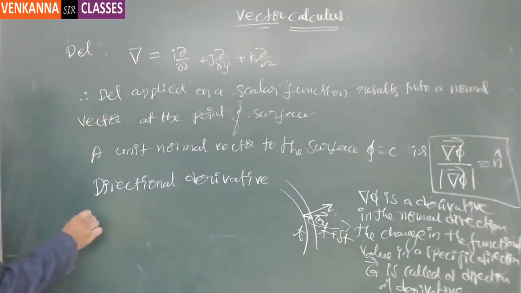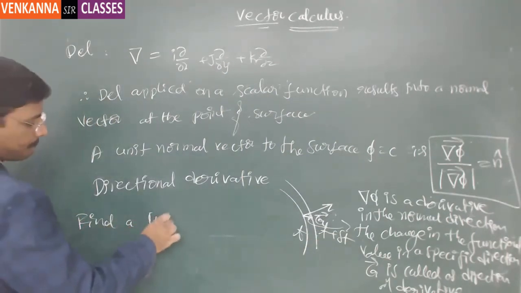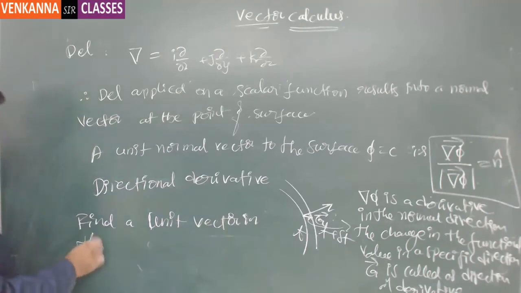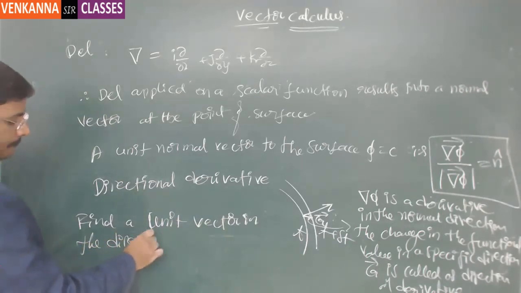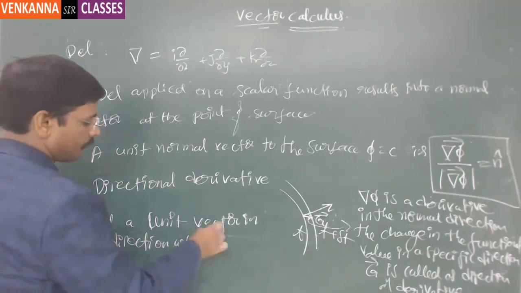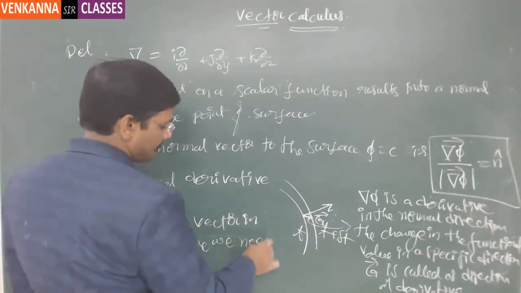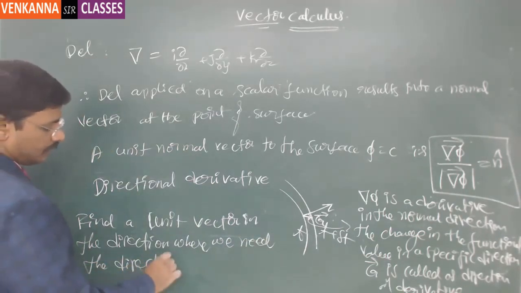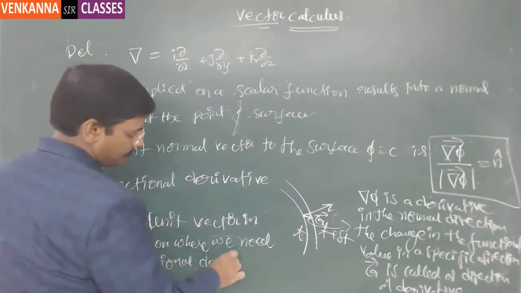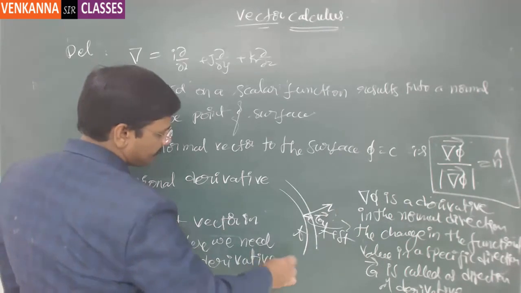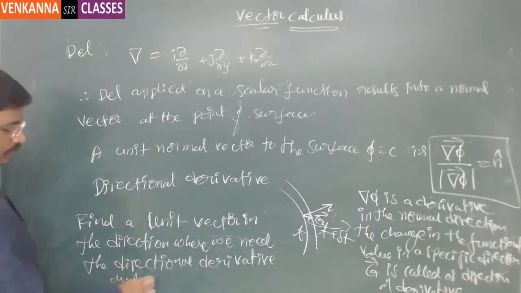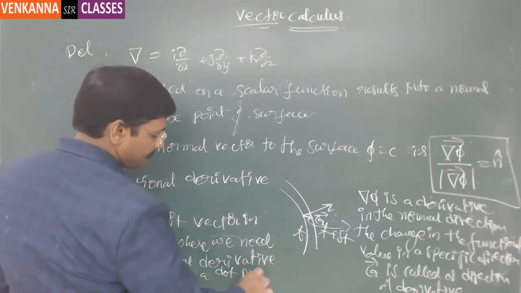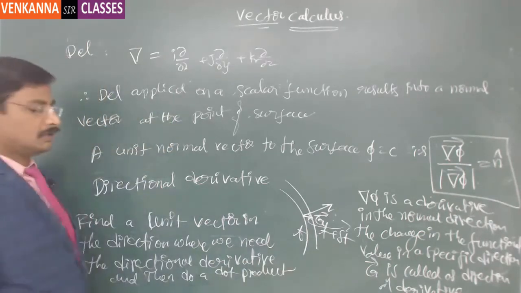So find a unit vector in the direction where we need the directional derivative, and then do a dot product with del phi.